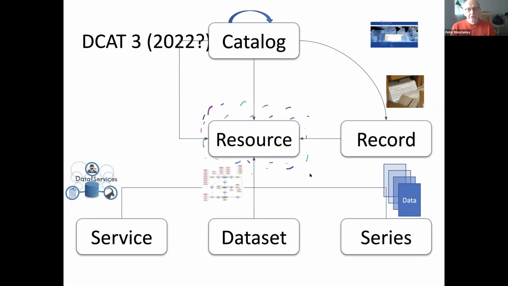This is what we've done as we extended the DCAT model in the draft of version 3 to include series. So it gives you the possibility in your own ways of thinking about extending it. Don't think that it's a standard not to be changed around.